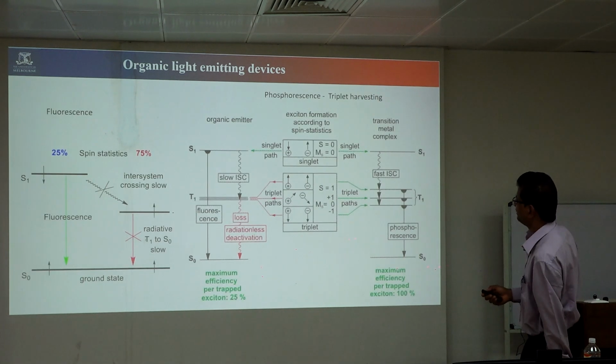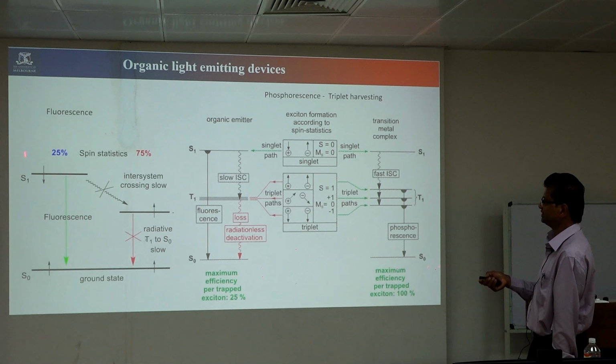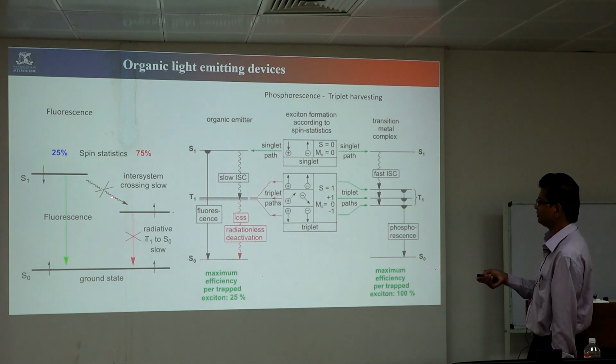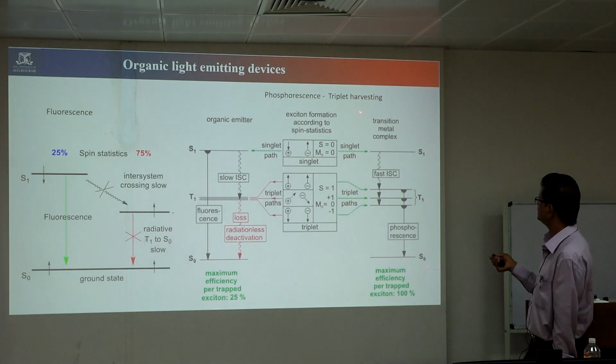Okay. Next, I am saying that this is fluorescence. This fluorescence will mostly go to fluorescence only. It doesn't go to intersystem crossing. And in phosphorescence, most of the triplet harvesting goes to the triplet state. This is because the singlet state is only one state.